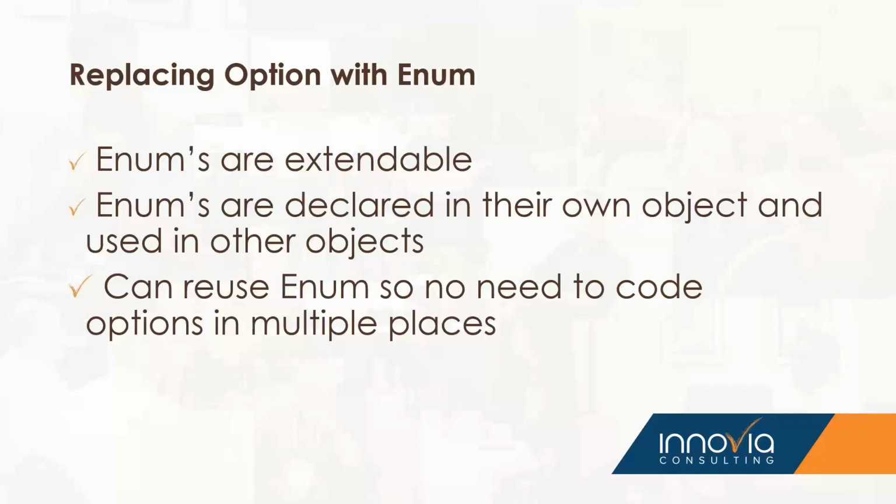Before, you had to set up the field and add the same options in each table, and if you changed one of the options, you'd have to change it in any other tables to match.